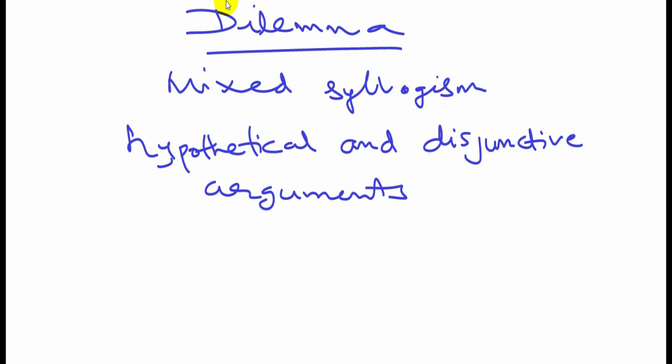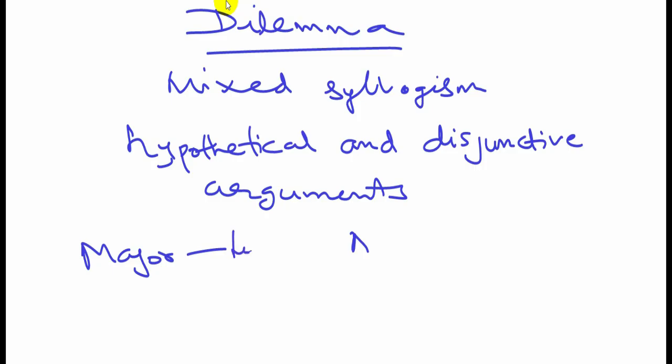Okay, so this will be easier to understand through the example. A dilemma may be defined as an argument in which the major premise is formed by the conjunction of two or more hypothetical propositions.